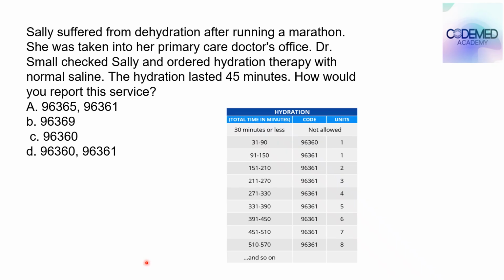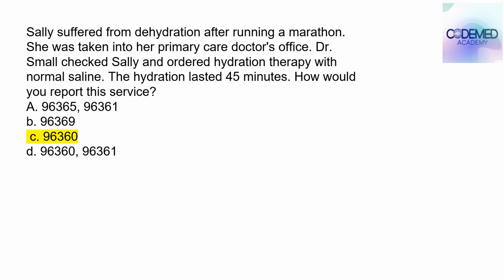Sally suffered from dehydration after running a marathon. She was taken into her primary care doctor's office. Dr. Small checked Sally and ordered hydration therapy with normal saline. The hydration lasted 45 minutes. How would you report this service? Now go through all the codes, understand what is being given, hydration, and the time is 45 minutes, and tell me the answer.